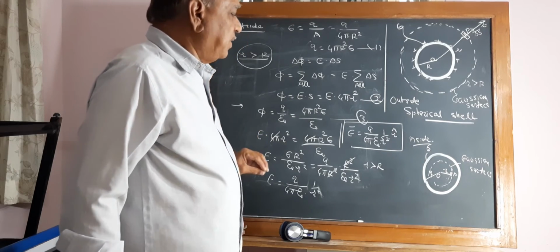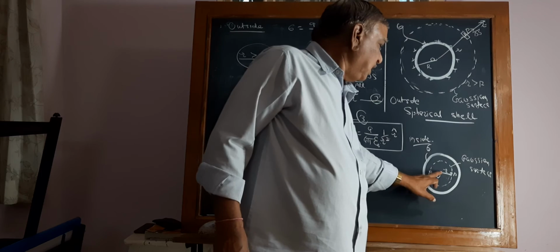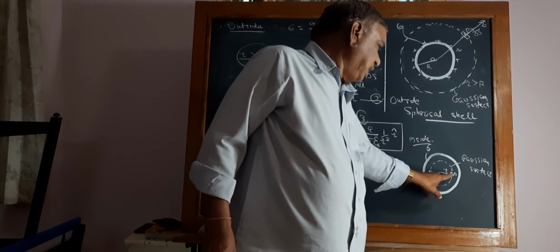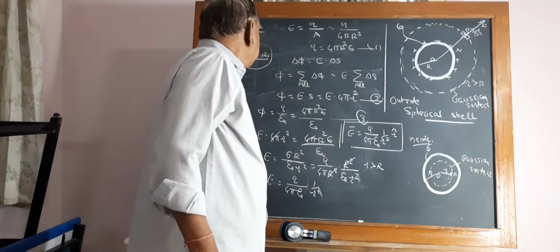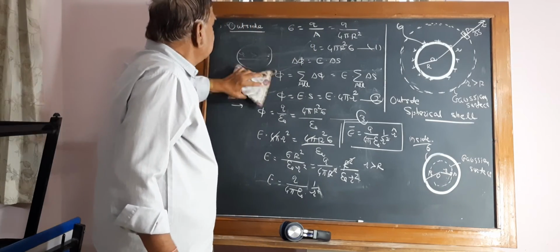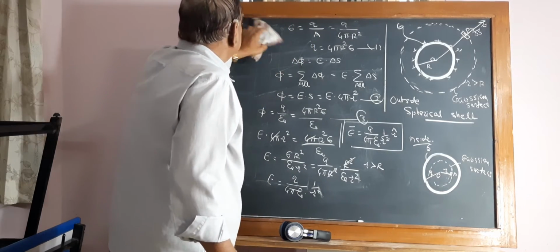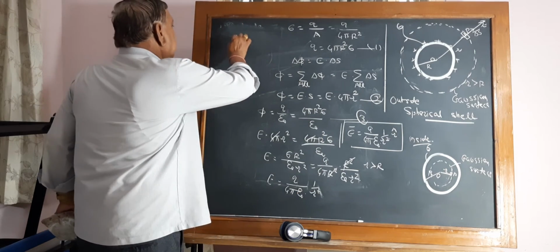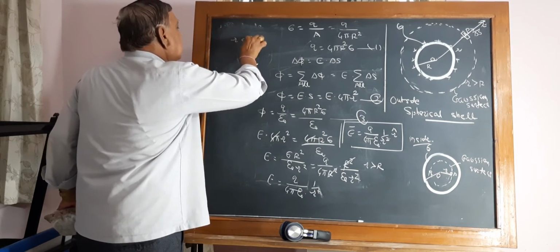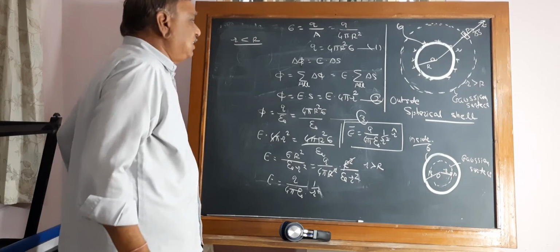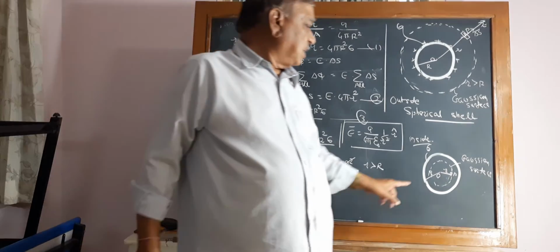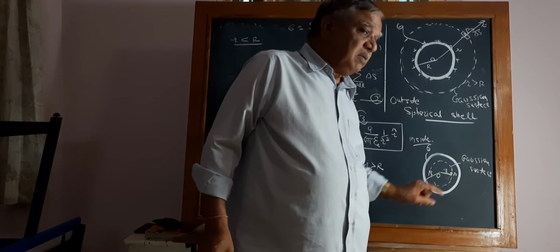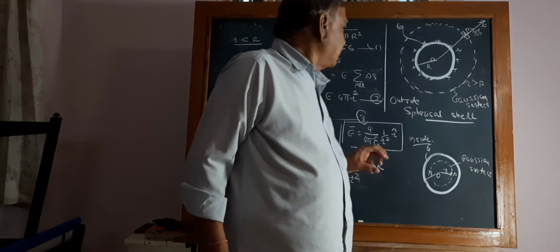Now consider a point P inside the spherical shell at a distance r. But here the condition is r is less than R. We have taken point P at a distance r, r less than R.